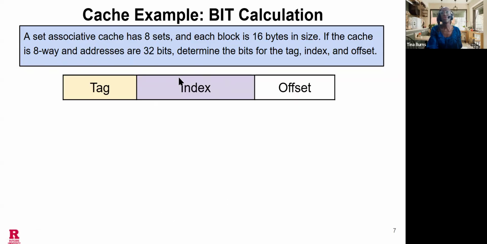So the first thing we can tell is that the index is going to be determined by the number of cache sets that I have.